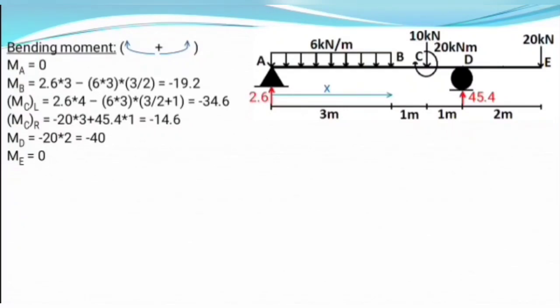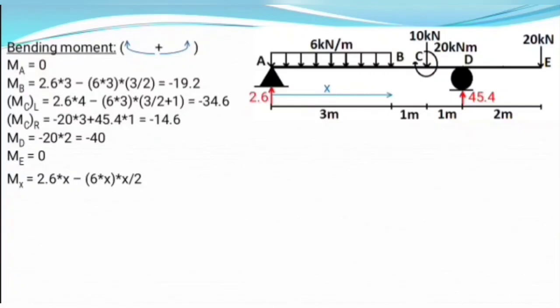So how do we calculate bending moment at that point? Simply just as before, considering all the forces on the left of that point. The forces on the left of that point are the 2.6 kilonewton point force acting upward and the 6 kilonewton per meter UDL acting downward. So we just do the summation of moments due to those forces.